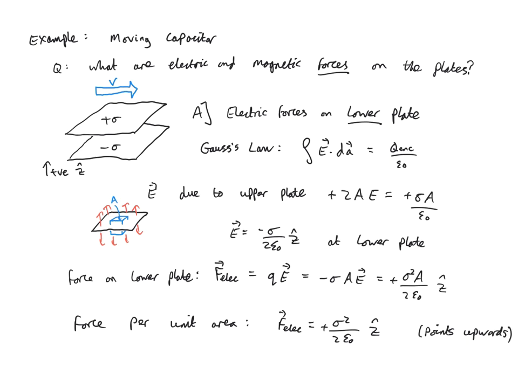Plus means upwards according to our sign convention. And of course that's correct. If we have a negatively charged lower plate, it will be attracted to the positively charged upper plate, and that force is upwards. Okay, so that's just a recap reminder of what's going on on the electric side. So now let's consider what's going on on the magnetic side. What are the magnetic forces on the lower plate due to the upper plate?